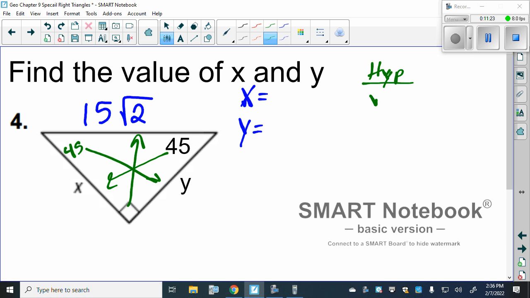And to find the legs for 45, 45, 90, we take the hypotenuse and divide it by the square root of 2. Well, the hypotenuse in this case is 15 square root of 2, and we divide it by the square root of 2, which would give us 15. Because these two square root of 2's would cancel. And we could plug it into the calculator and it would actually tell us that it's 15. So x and y in this case would both be 15 and 15.